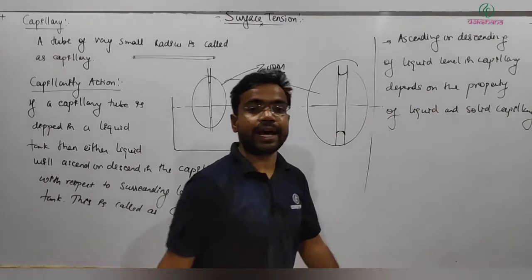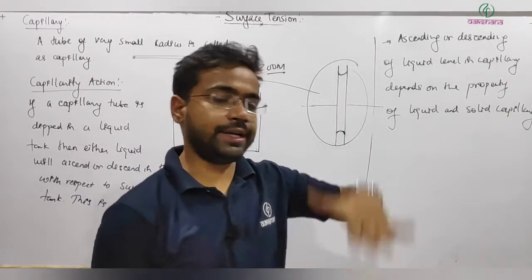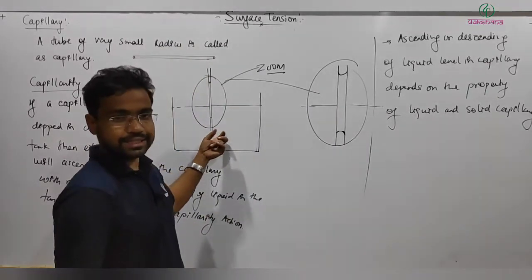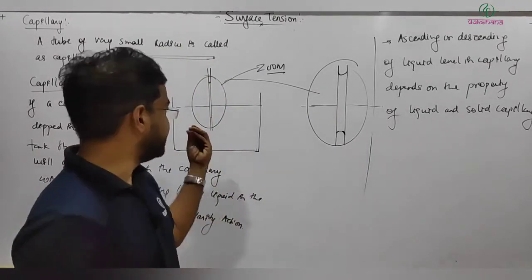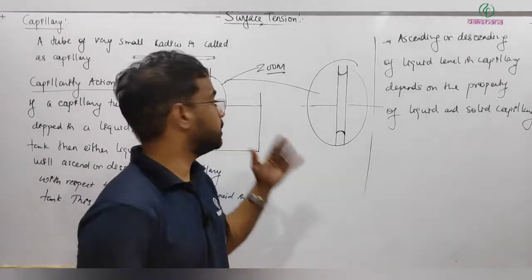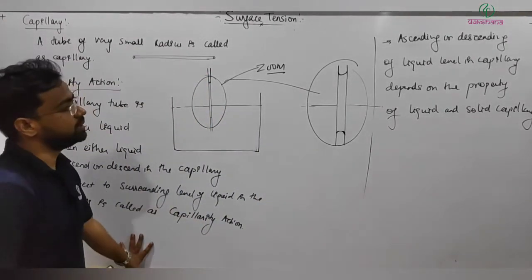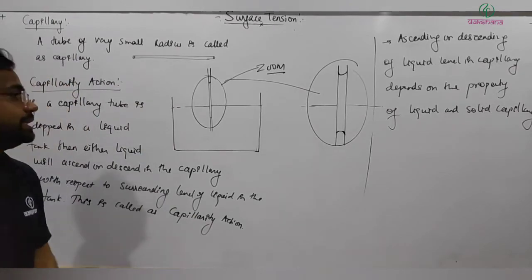So whether it will rise or descend will depend on the properties of the liquid filled in the tank, or the properties of the solid material of the capillary. And this phenomenon we simply call capillarity action.